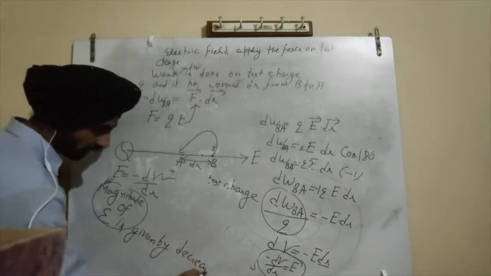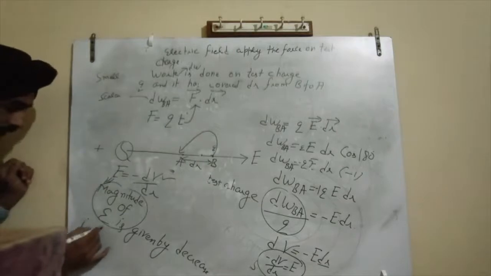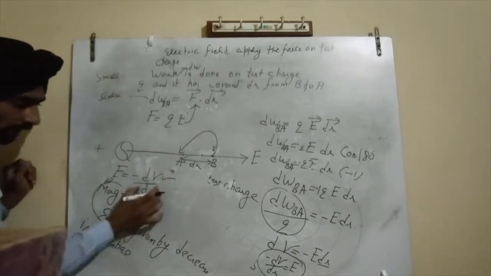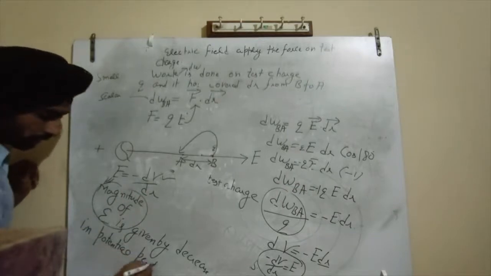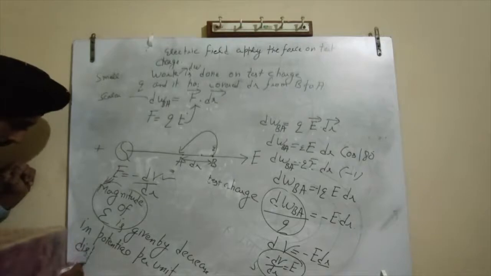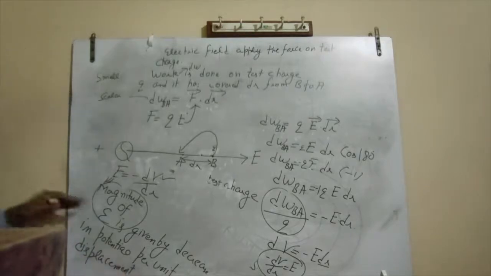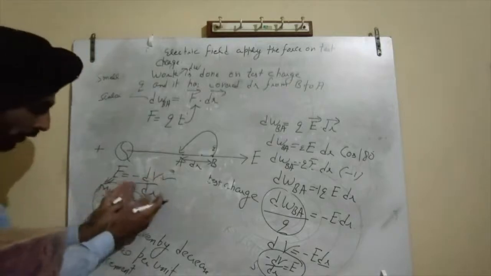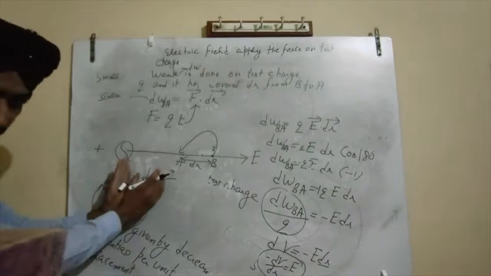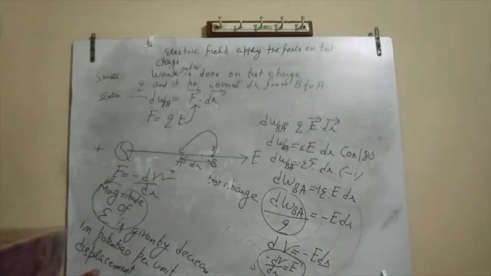So the magnitude of E is given by the decrease in potential per unit displacement.